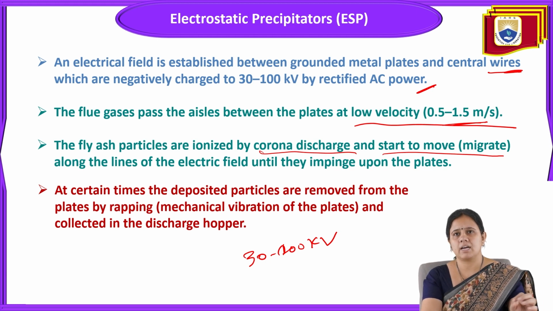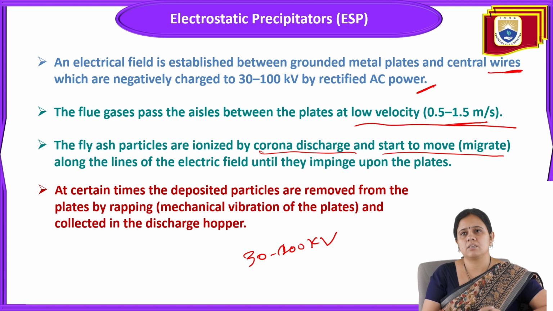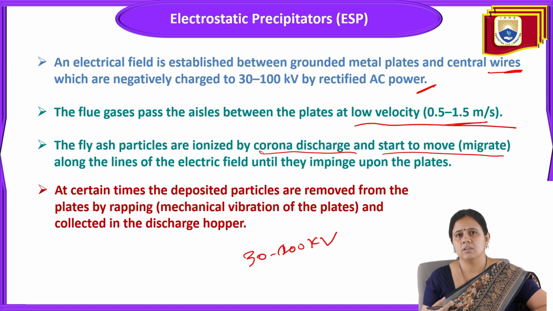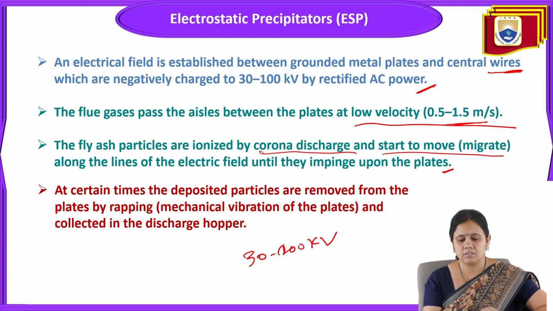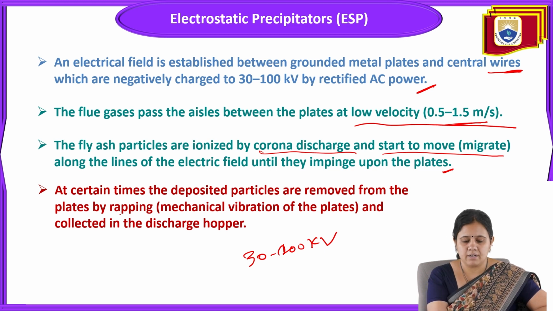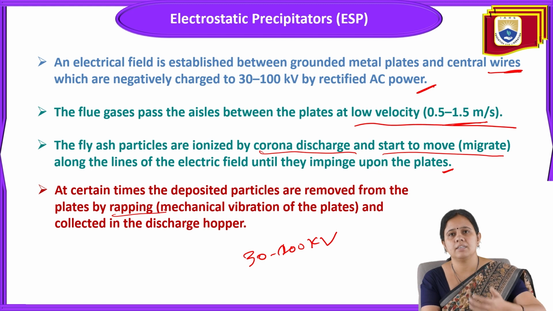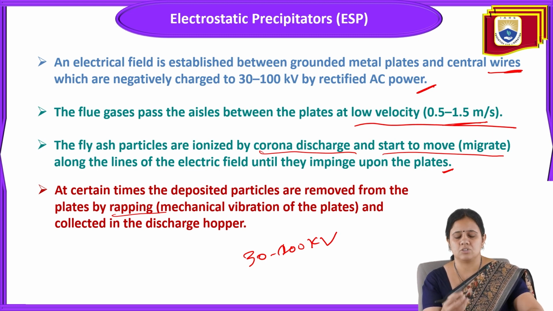The fly ash particles are ionized by the corona discharge and migrate along the lines of the electric field until they impinge upon the plates. At certain times, the deposited particles are removed from the plates by rapping, by some mechanical vibration of the plate, and collected in the discharge hopper.